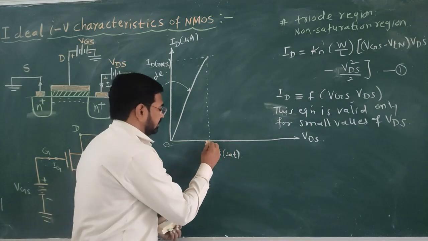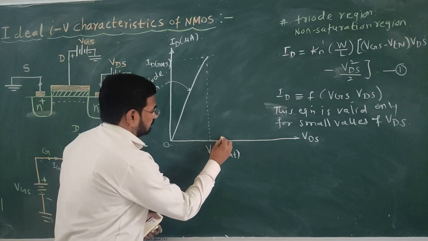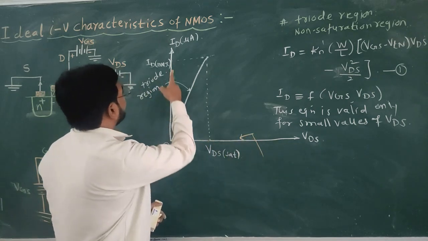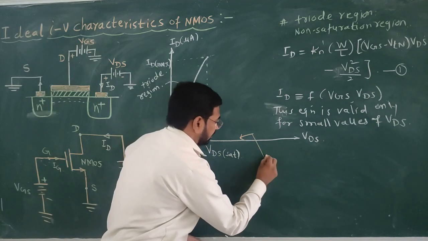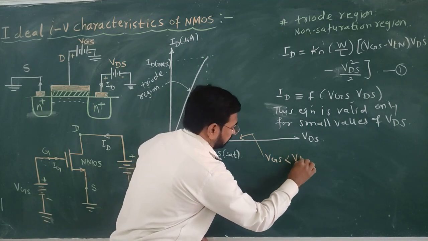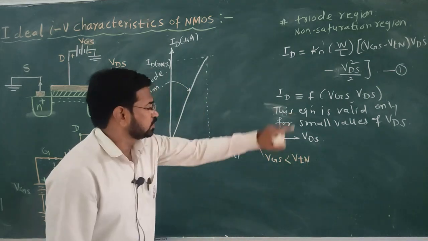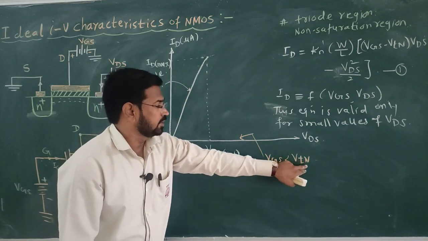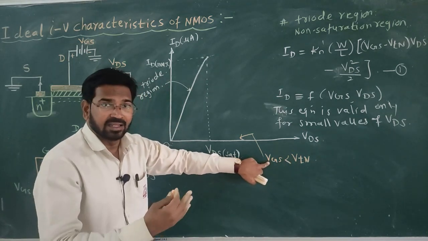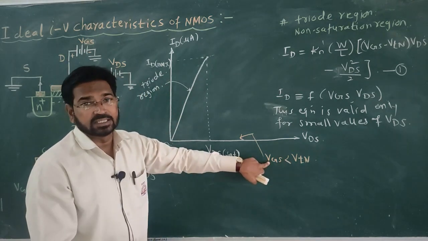Now see the other region on this characteristic. Here the drain current is 0, which means VGS is less than VTN. VTN is the threshold voltage of the NMOS device, and the gate voltage is still below it.